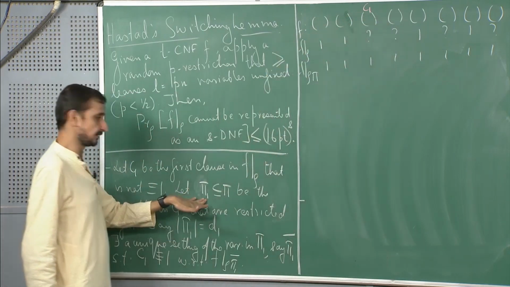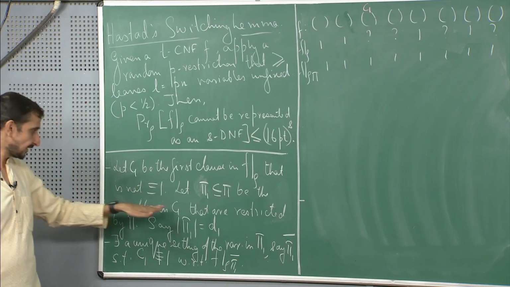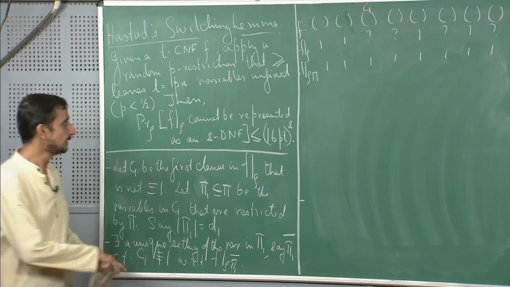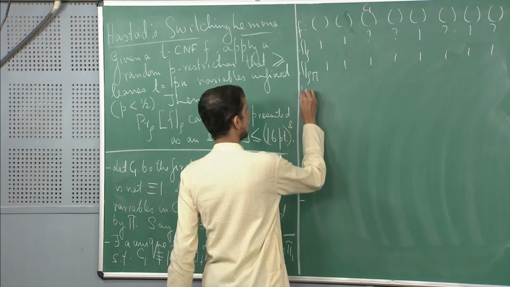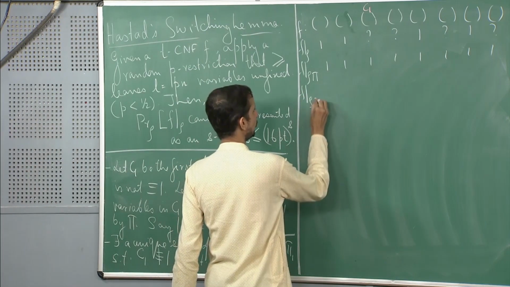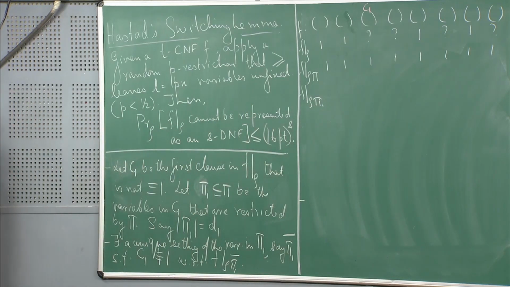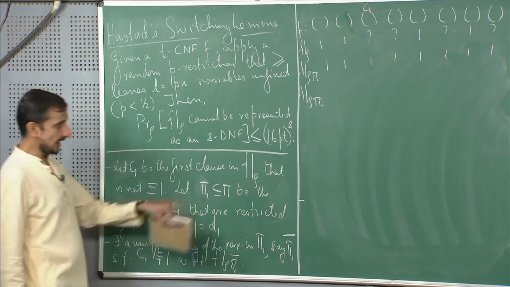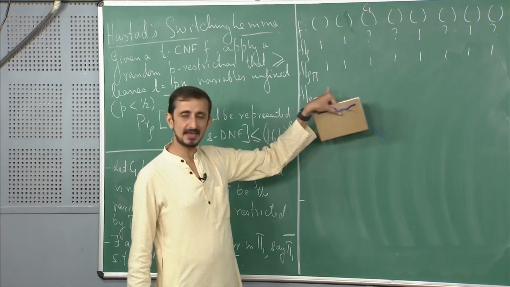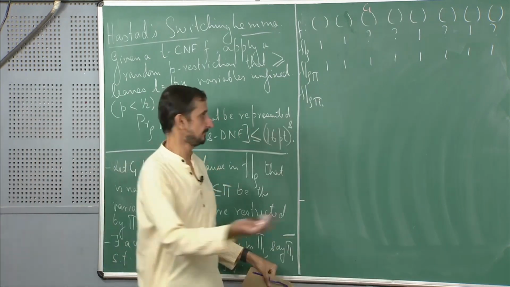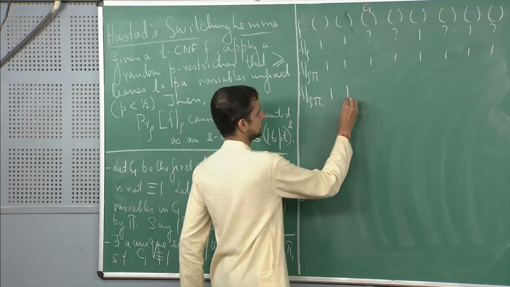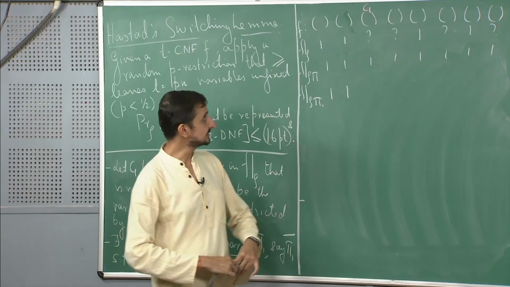Essentially that is what it means. Now if I look at the set of variables that are here, what can I say about f restricted to rho pi 1? Everything that was 1 before has to be 1, because the same restriction applies. What can I say about C1?